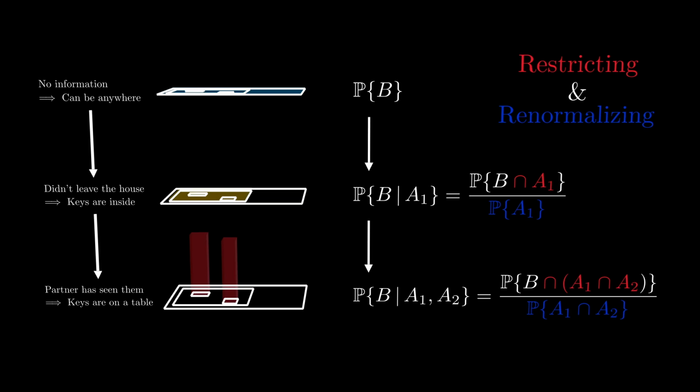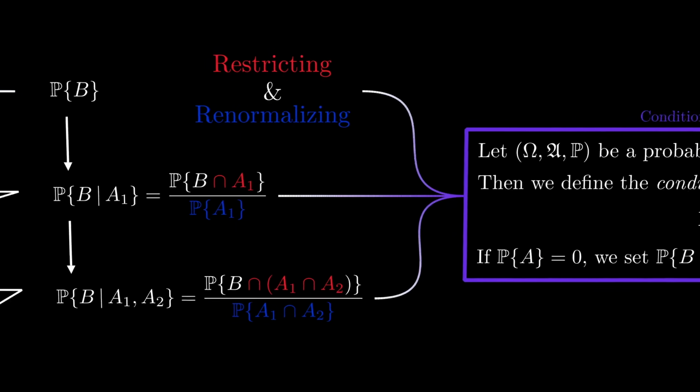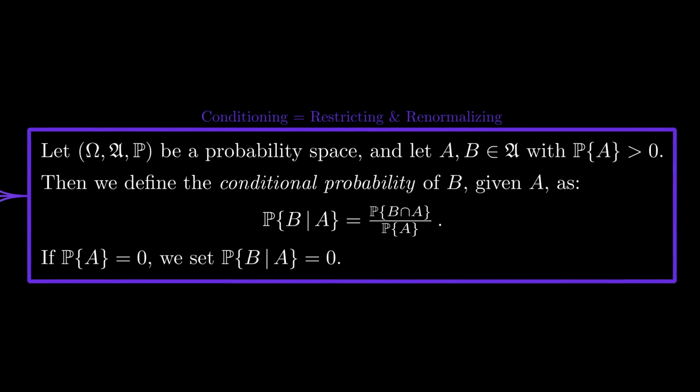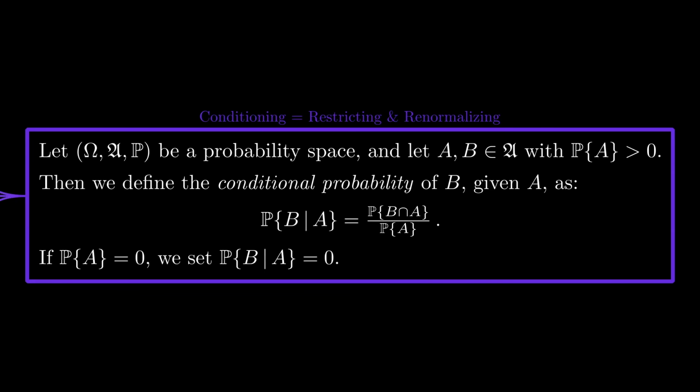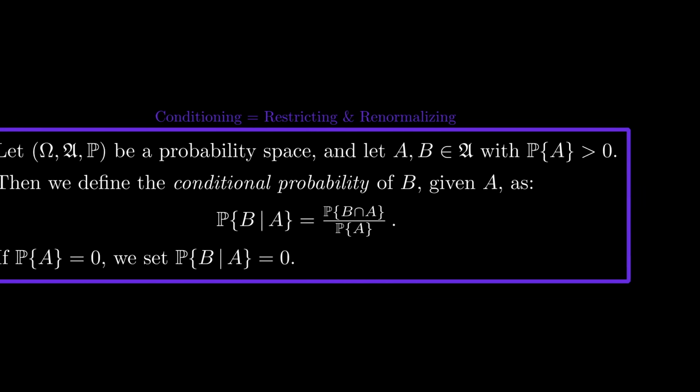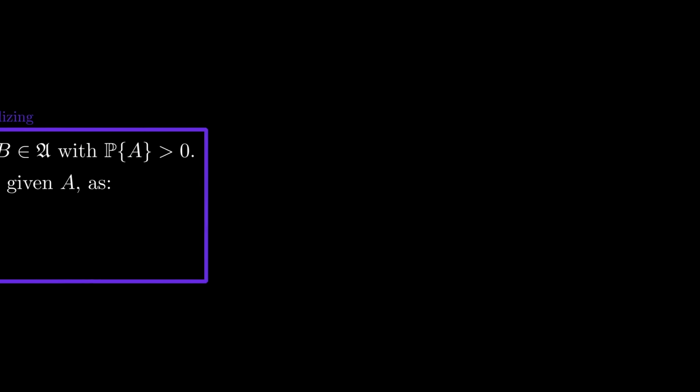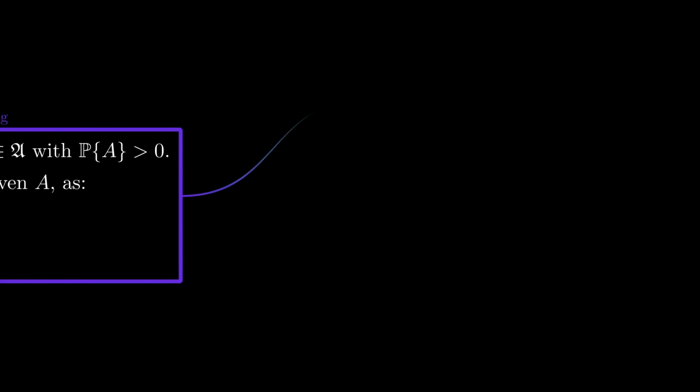In probability theory, this process of restricting and renormalizing is called conditioning, and it is exactly this process that is captured in the defining equation for the so-called conditional probability of an event B, given that an event A has happened. And if we compute such a conditional probability for an event B, exactly 2 cases can happen.